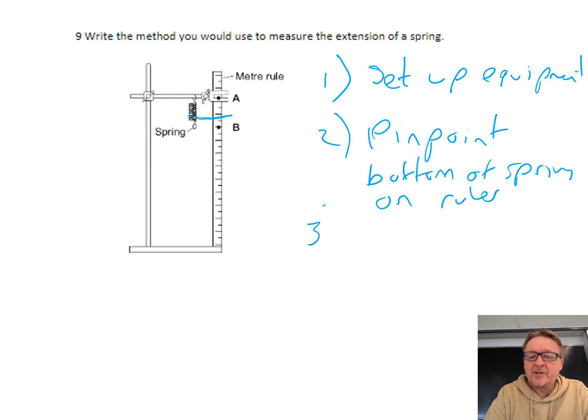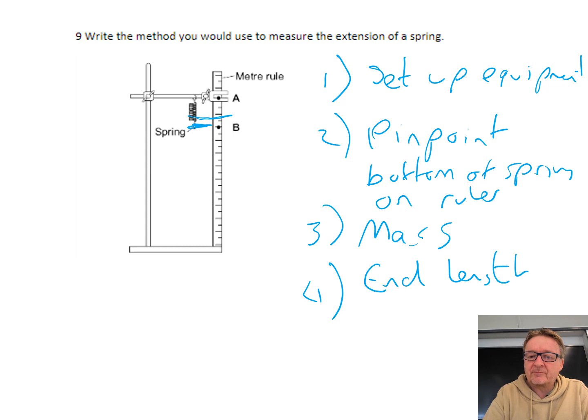Number 3, add a mass onto the spring itself. And number 4, end length take away start length. If it moves down to here, then your extension is from there to there.